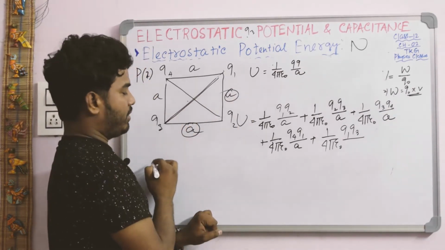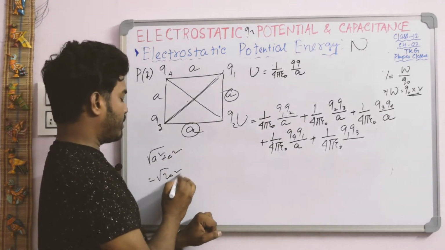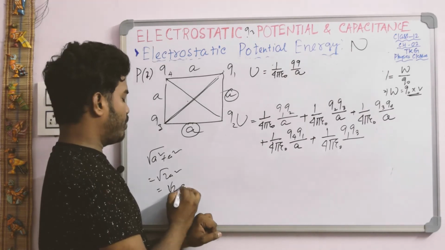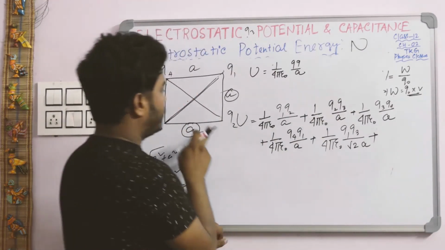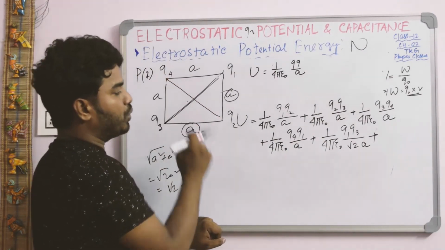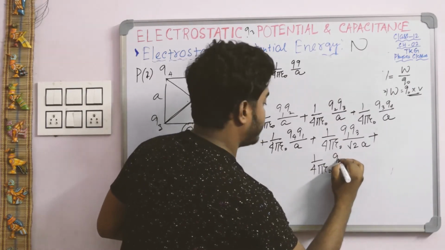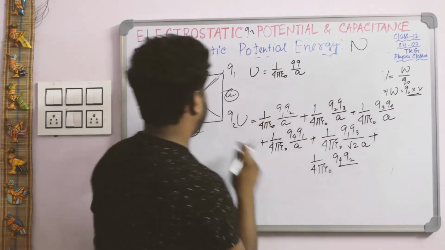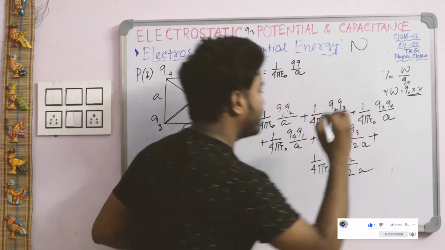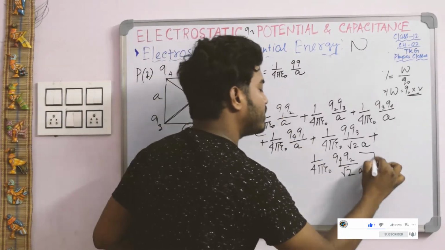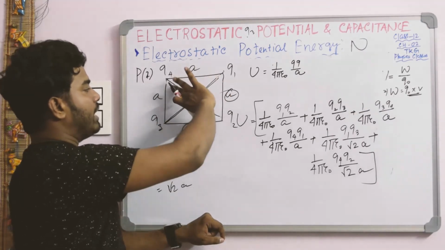So this part will be root under A square plus A square, clear? That is root of 2A square, that is root 2 A, plus, for this case, that is Q4 and Q2, that is 1 by 4 pi epsilon naught Q4 Q2, and this is also diagonal, so the result is root 2 A. So total terms, that is 6: 1, 2, 3, 4, 5 and 6.